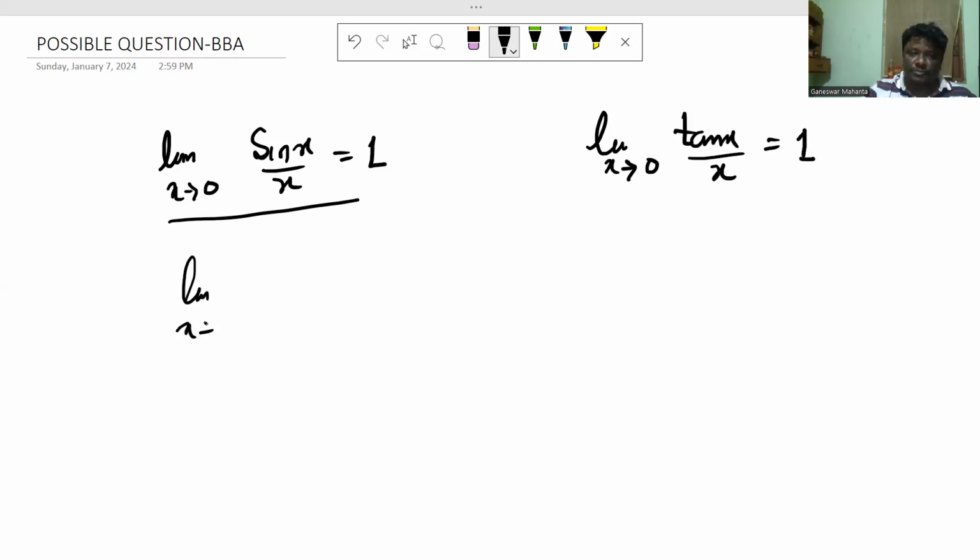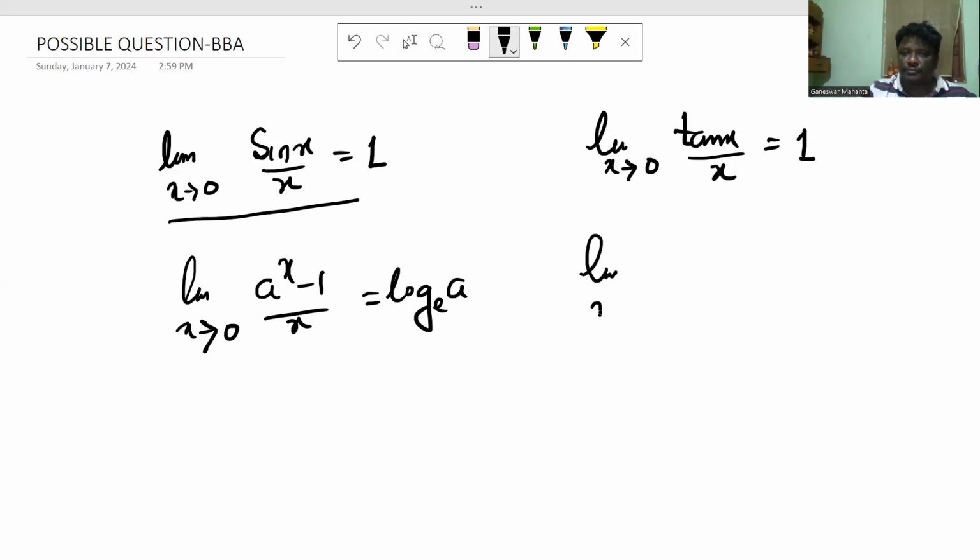Limit x tends to 0, a to the power x minus 1 by x, that is log a. Limit x tends to 0, e to the power x minus 1 by x, that is equal to 1.